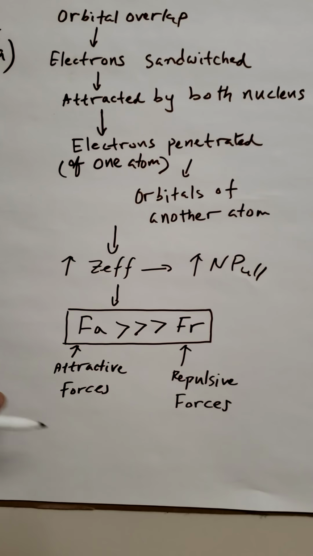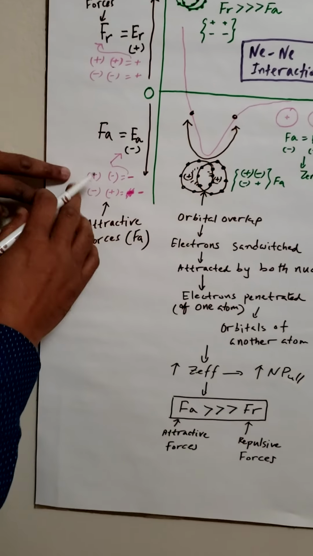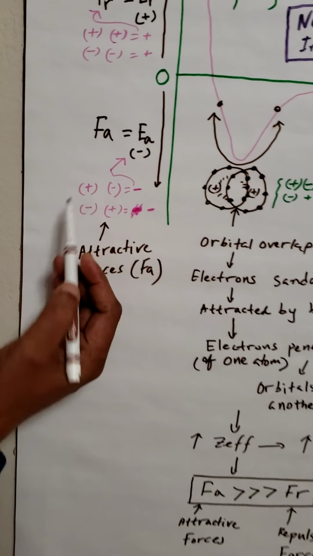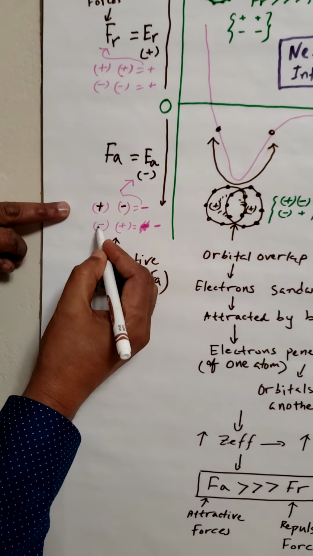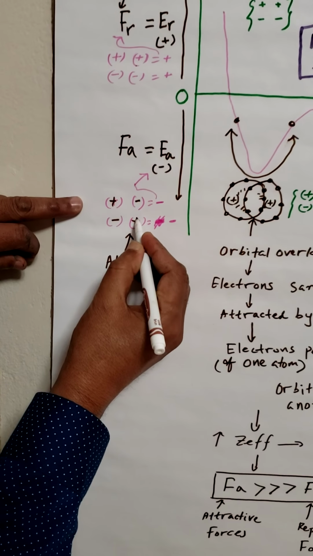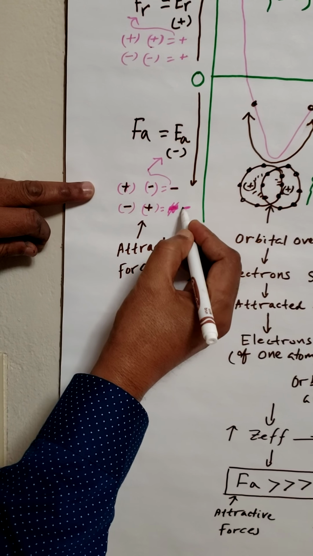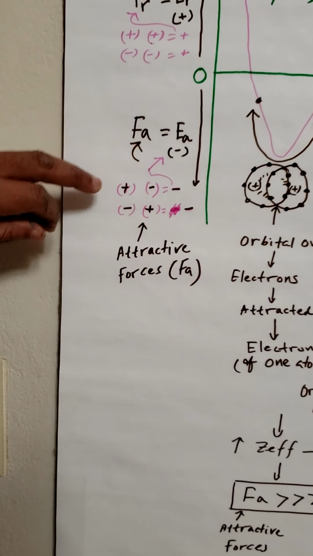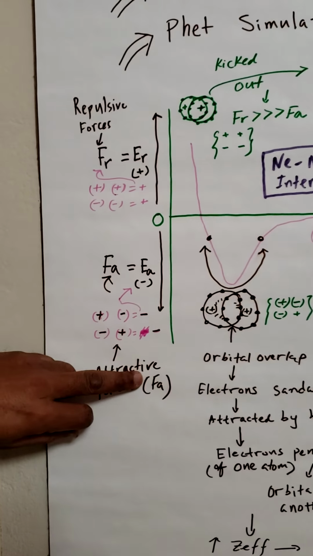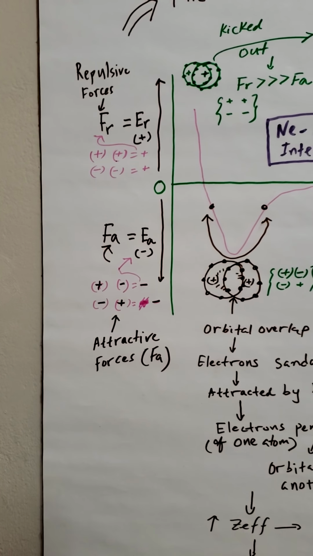Attractive forces are negative, right? You have the attraction between nucleus and electron, and electron and nucleus. In both cases you get a negative value, and this is your attractive force. You see, it is below the zero line. That means they are attractive forces, right?